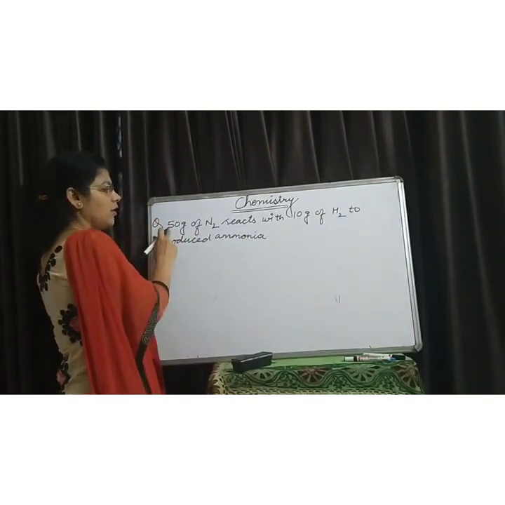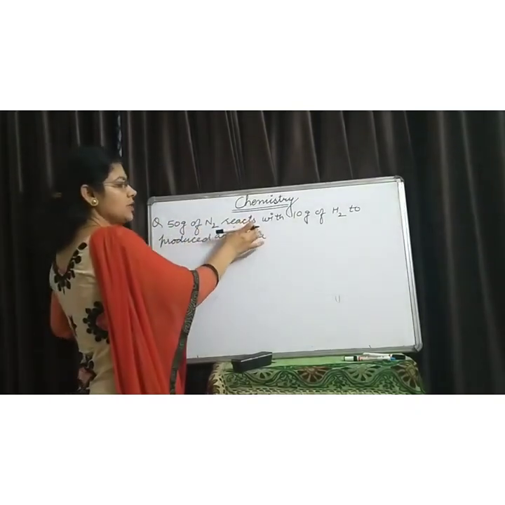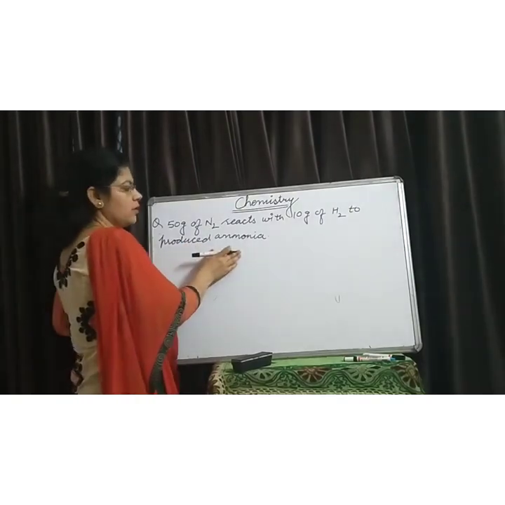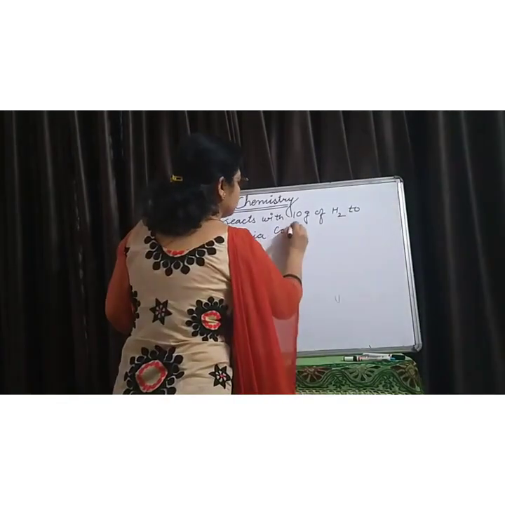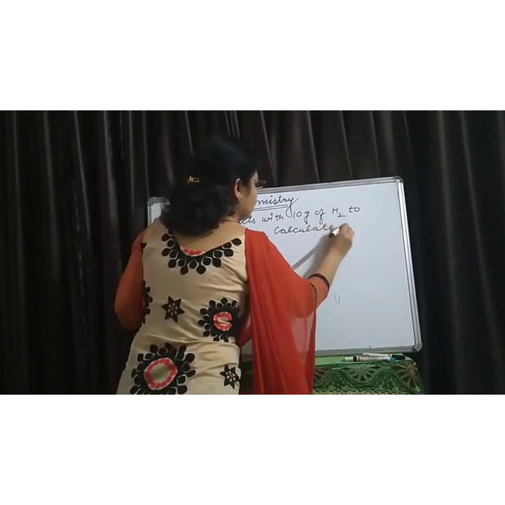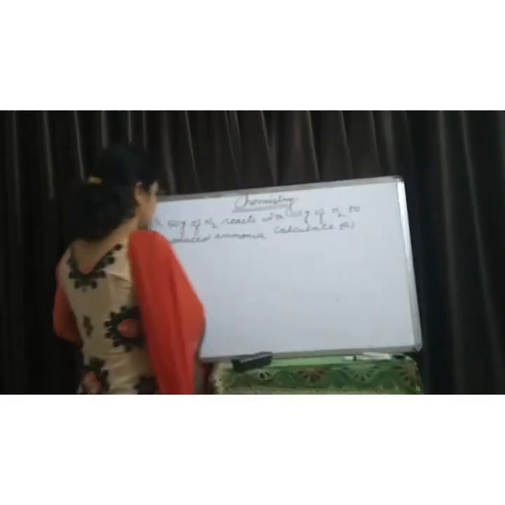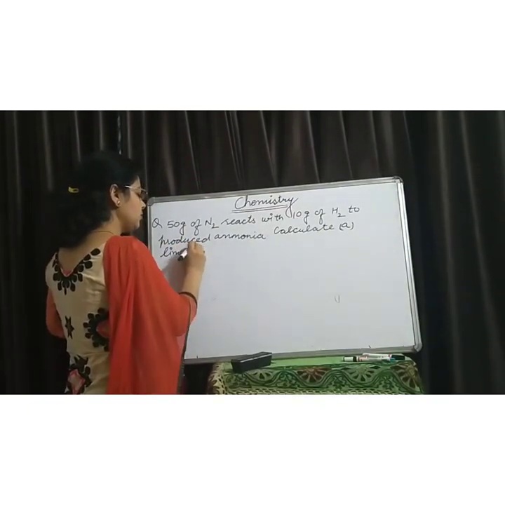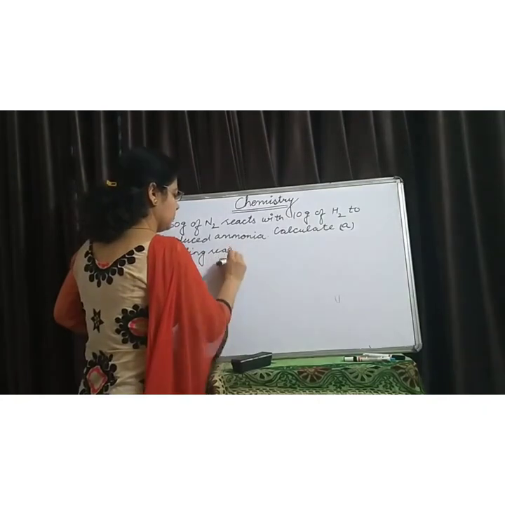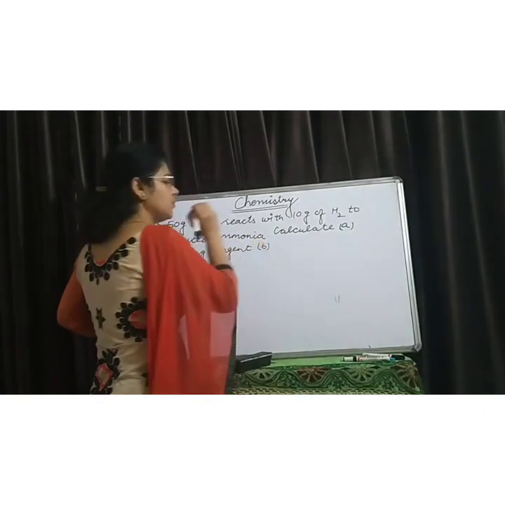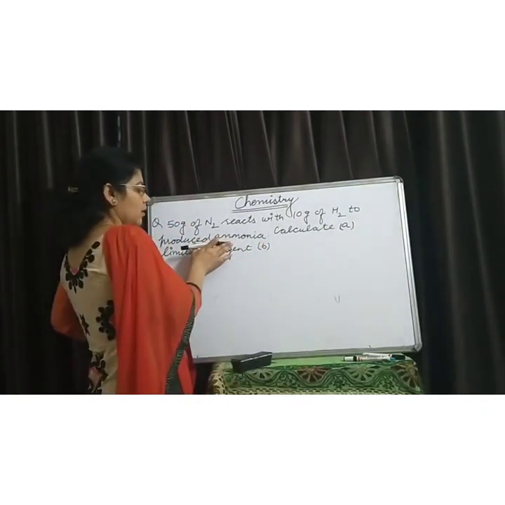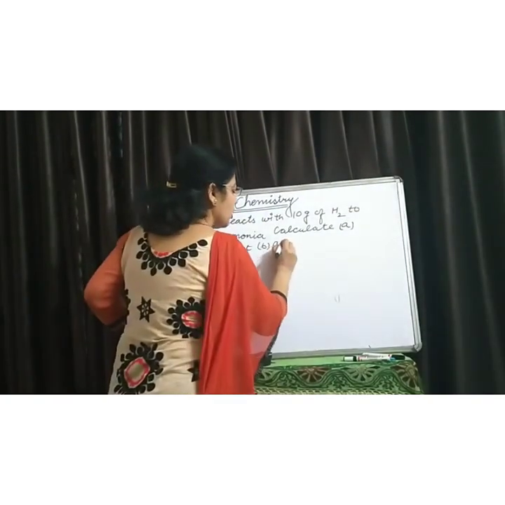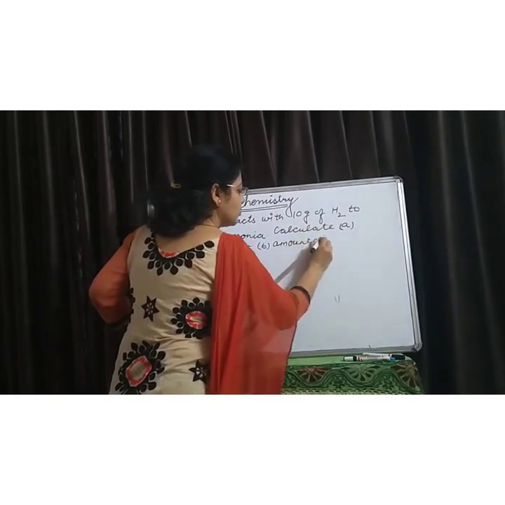The question is, first, you have to calculate the limiting reagent in this reaction, and second, you have to calculate the amount of ammonia produced during this chemical reaction.